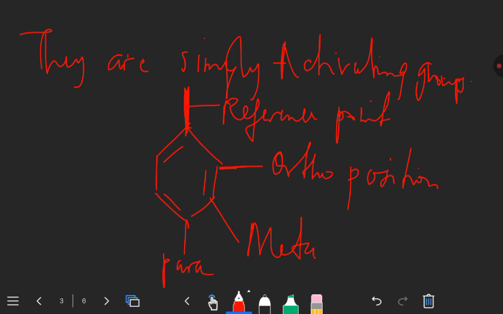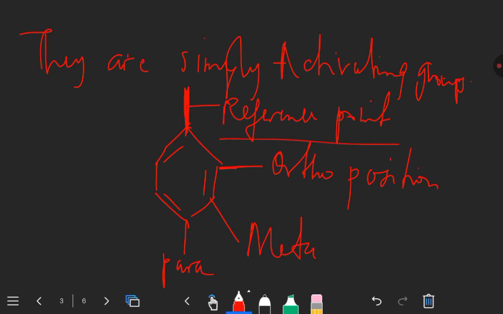Sometimes this structure can be written in a different way, whereby we have a reference point maybe at this position. So we just need to know how to place these positions: the next one will be ortho, then para and meta. So it is not always that the ortho position is just at this point. Sometimes it can be at any position with regard to the reference point.